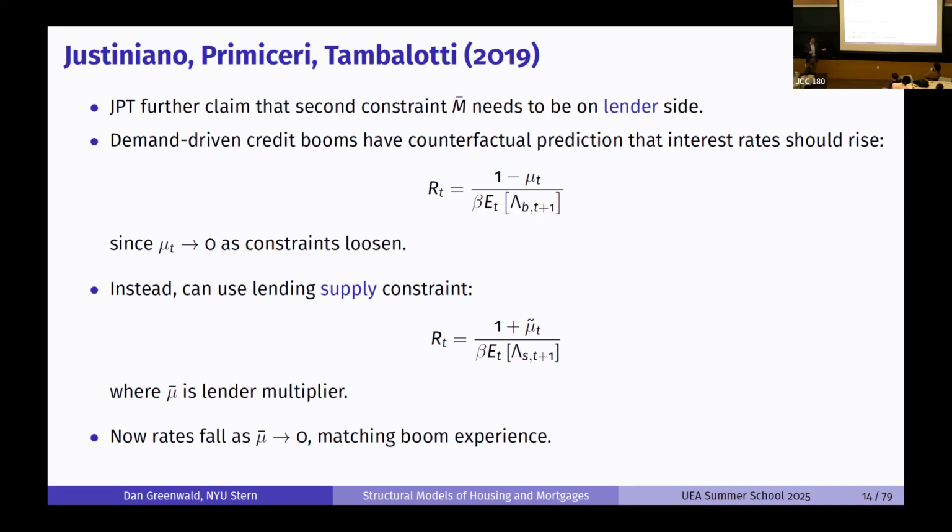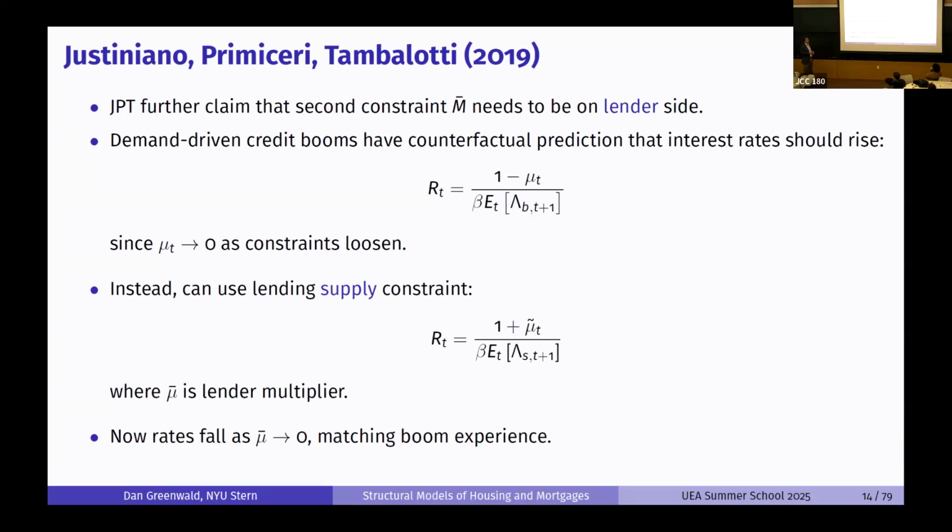So in this world where we assume that the borrowers are constrained, although really what it means is that the borrowers are the ones with the bargaining power, the rate at equilibrium is basically going to be this, which is the reservation rate at which the borrowers are willing to borrow. They are limited amounts.